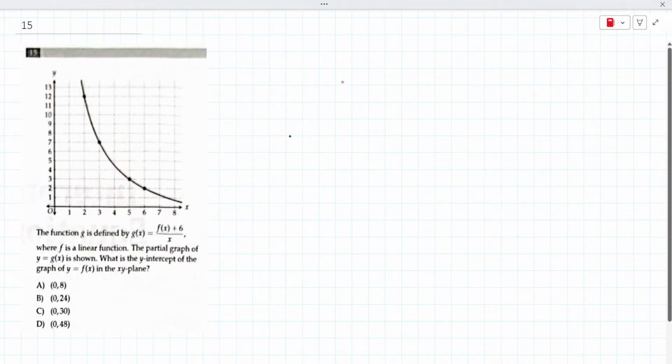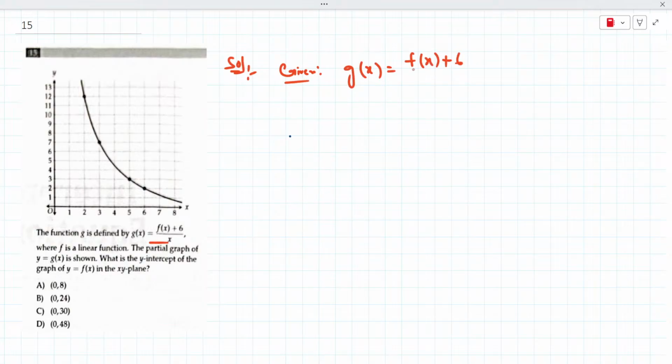15th question. Now they've given a graph and the function g of x equals f of x plus 6 divided by x.